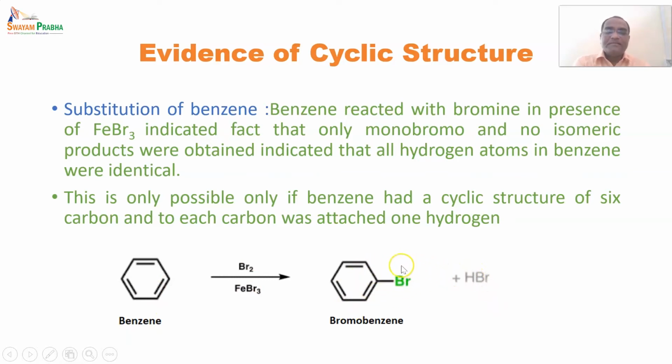So this monobromobenzene indicates that the structure is cyclic and all the hydrogens are equivalent, because if they were not equivalent, there might be substitution of bromine on each different carbon, but only the monobromo product and no isomeric products are obtained, so it indicates that all hydrogens are identical. So this is evidence for the cyclic structure of benzene.